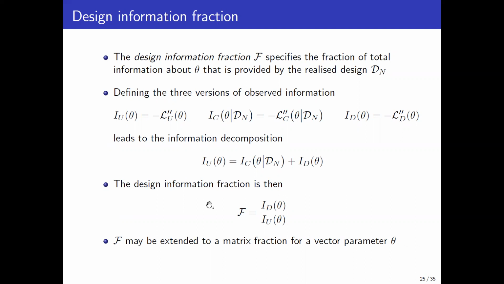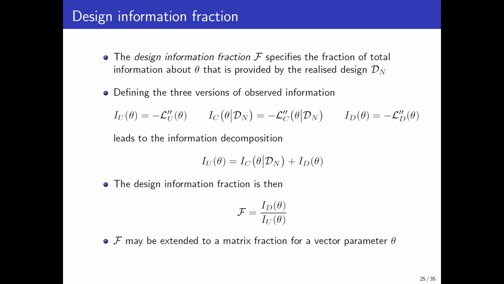This design information fraction is essentially the ratio of the information that comes from the design likelihood and the information that comes from the overall unconditional likelihood. And it'll be necessarily between 0 and 1. And it quantifies essentially how much of the total information is coming from the adaptive design.